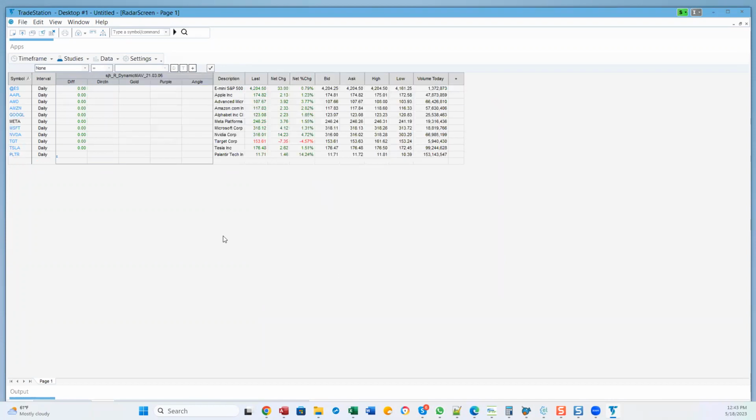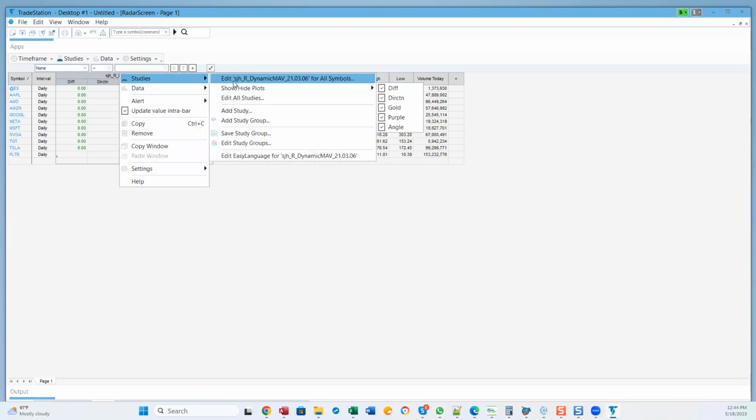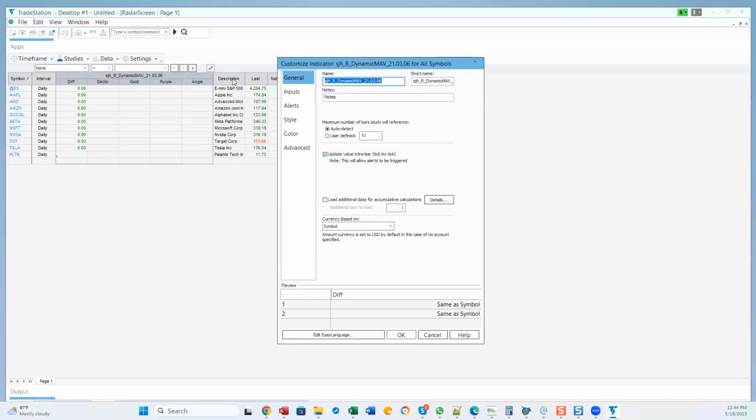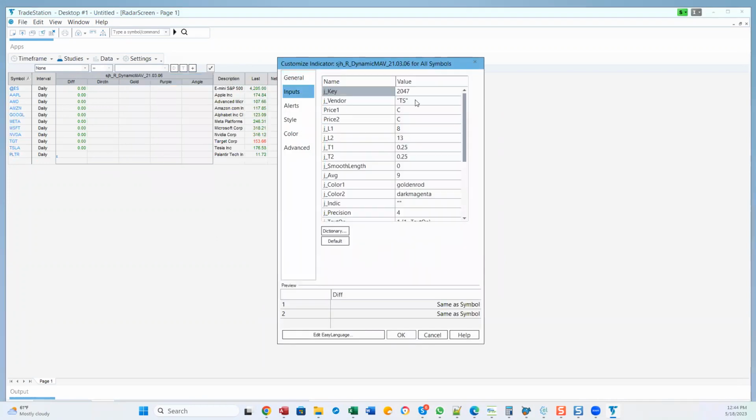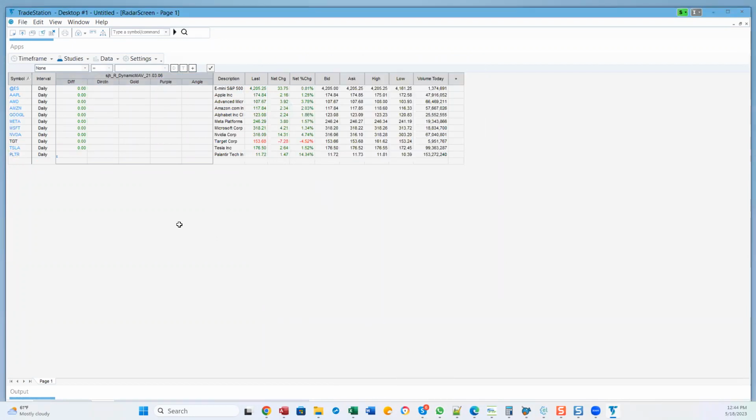Does it not know my password? Come on. Inputs, it knows my password. Okay, I have one more guess.